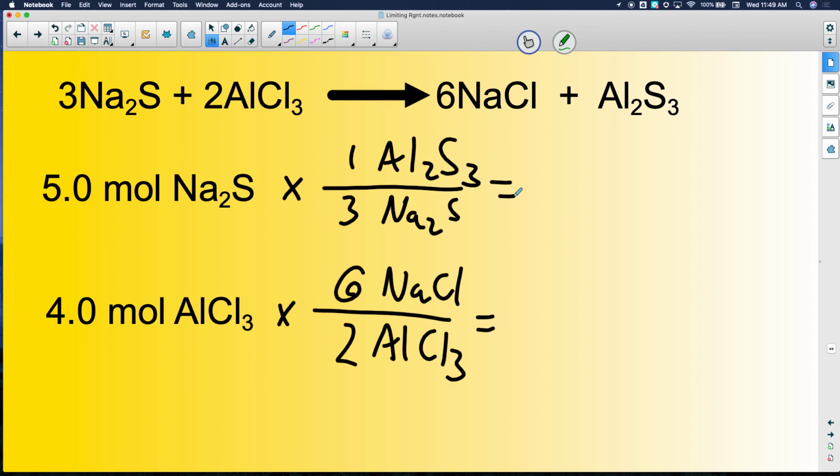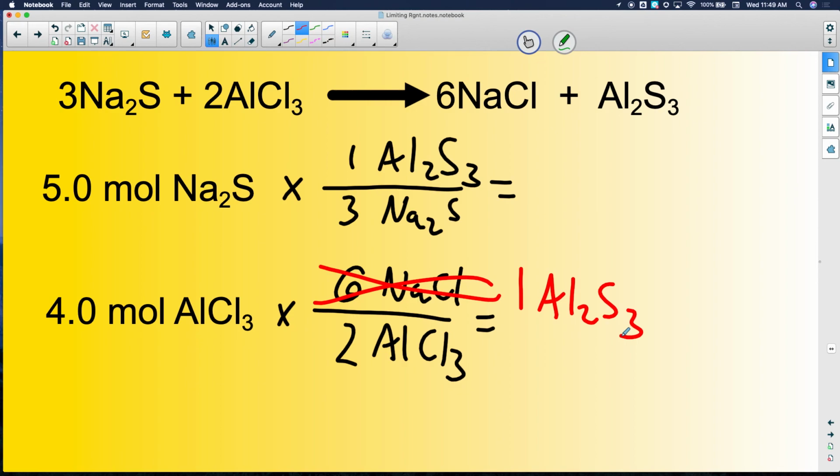You need to pick one chemical and use it in both of your numerators. So if I pick Al2S3 up here, I need to use Al2S3 down here as well, so that I'm not cheating and giving this one a big advantage, like this is getting multiplied by 6. That's going to give you a lot more moles of product compared to multiplying by 1.